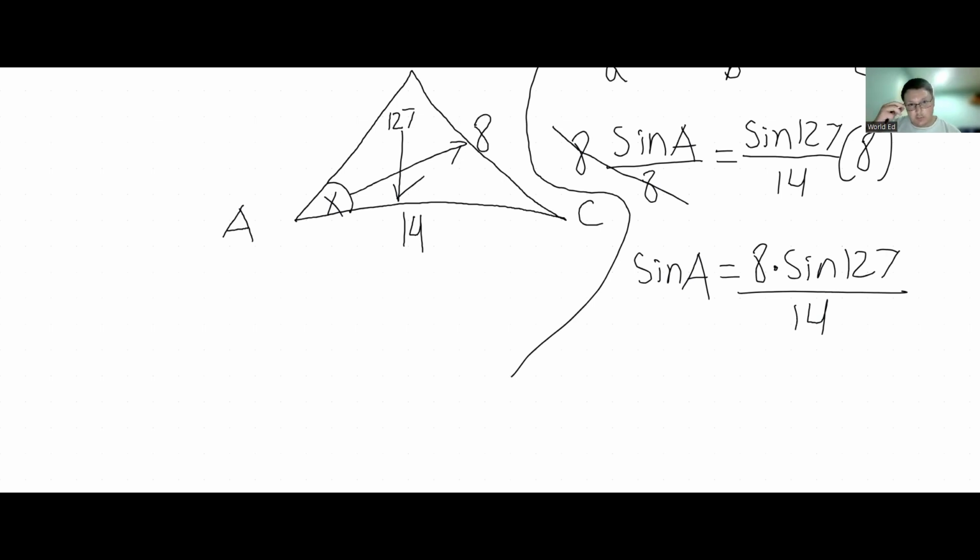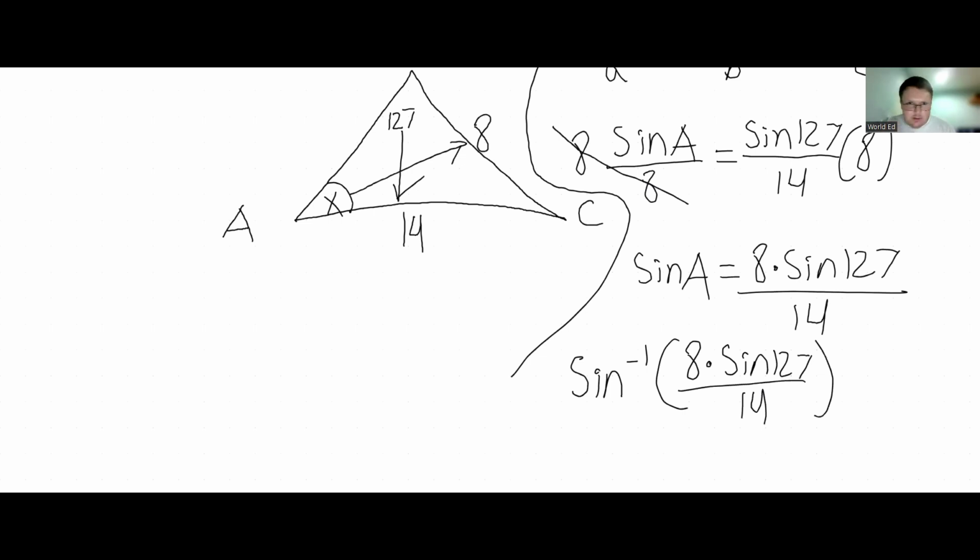So to use that button, you hit second and then you hit sine. So what you do is you take sine inverse of both sides. So angle A will equal the sine inverse of all of this stuff: 8 times sine 127 divided by 14.